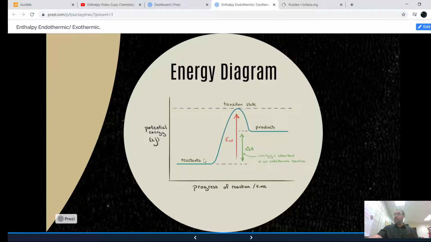Which makes sense because we said endothermic is taking in energy. They typically have a larger activation energy, which should make sense because the reactants are pretty low in energy compared to the products. You'll still have that transition state, and then you're going to have the difference between them, which is going to be the delta H in this case, okay?